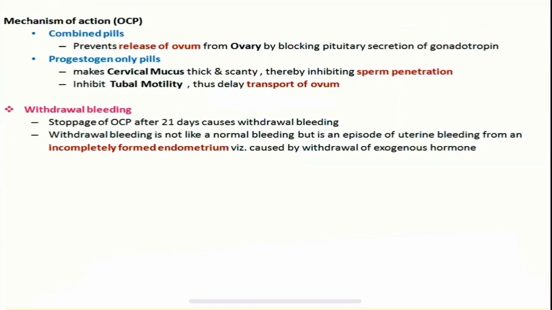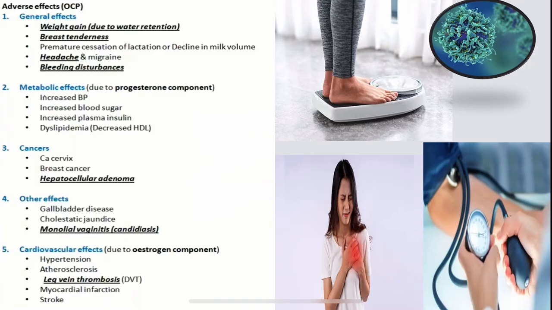So whenever the exogenous hormone intake is stopped, the unevenly or incompletely formed endometrium is shed off. Once the exogenous hormone stops, the bleeding occurs, which is nothing but the withdrawal bleeding.